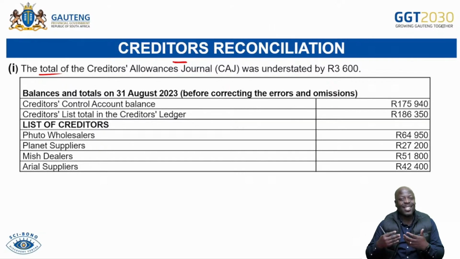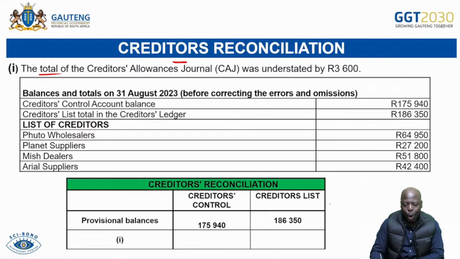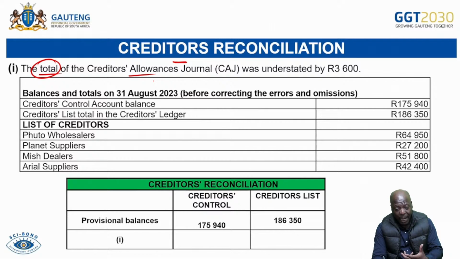So for us to correct this, where do we go? Do we go to the control or to the list or both? That becomes the question. But the key was given. It is the total of the creditors, the total of the CAJ. Once it is a total of a journal, it means it affects my creditor's control. Now, when I come into my creditor's control, there are several other ways in which one could have done this.